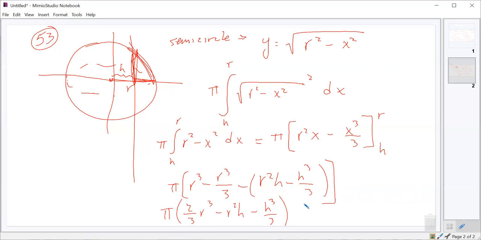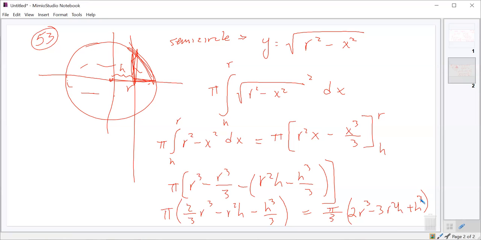So you take a 1/3 out of all of that, you're going to end up with 2r cubed minus 3r squared h plus h cubed, which looks like it's choice A.